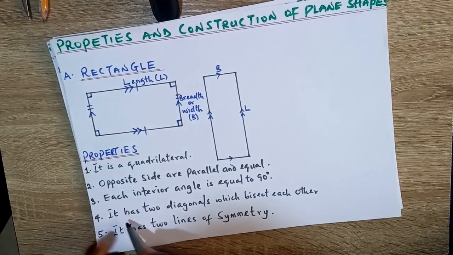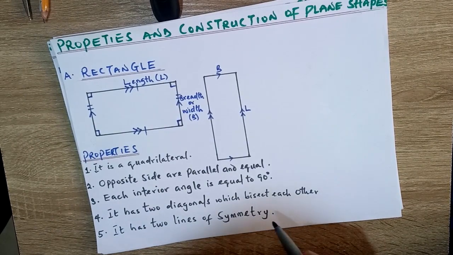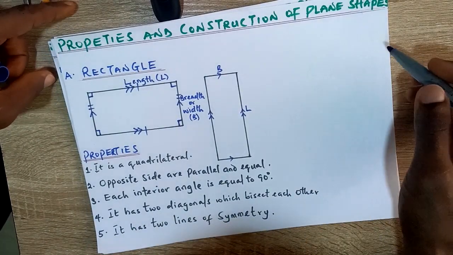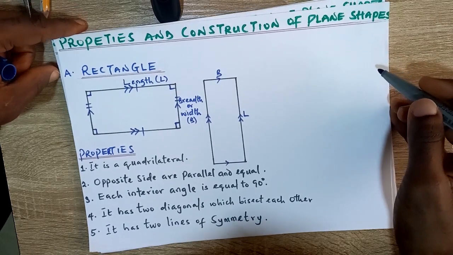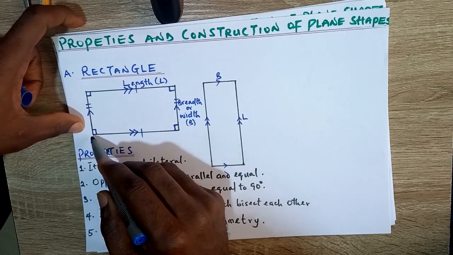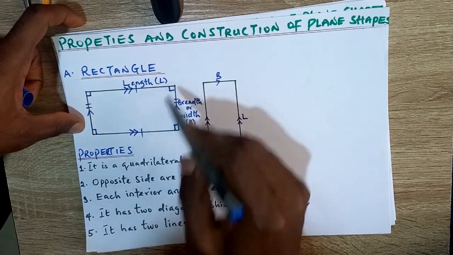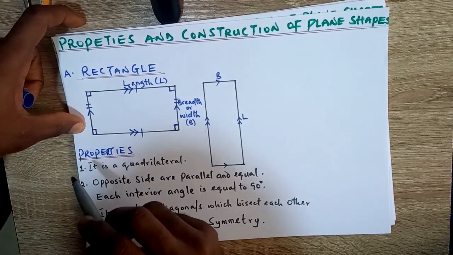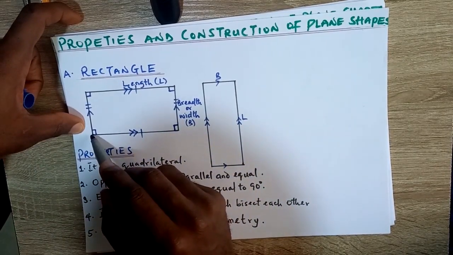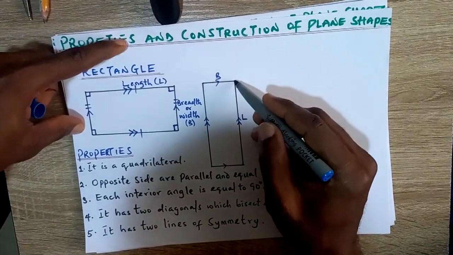Now we have that it has two diagonals which bisect each other. A diagonal is usually a straight line which runs from one vertex of a plane shape to the opposite vertex. So we say a rectangle has two diagonals, one which runs this way. Okay, let's use this.